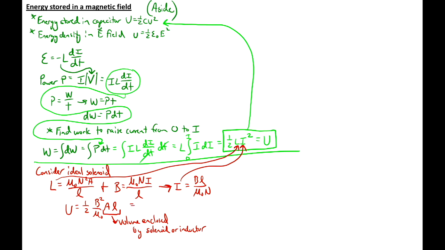Which means I could rewrite this as 1/2 B squared over mu naught times V for volume. Don't confuse things with voltage here, or with the U, which often looks terribly similar.